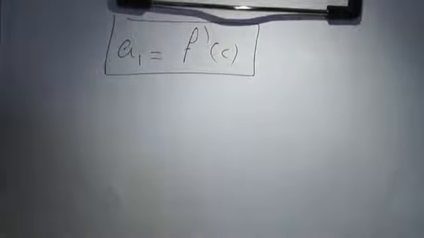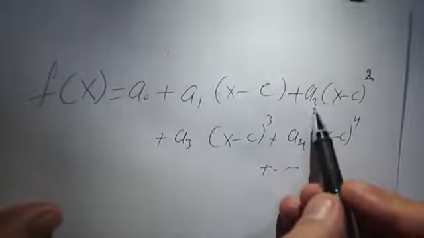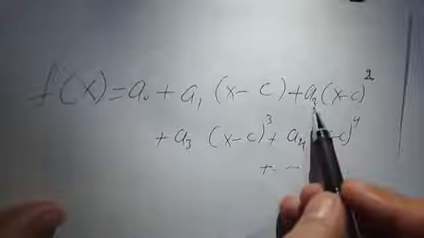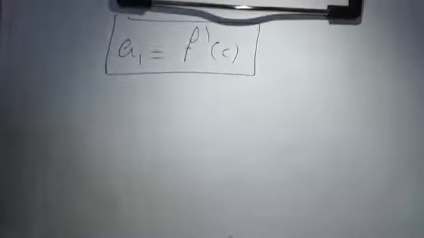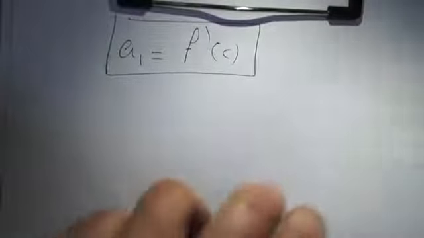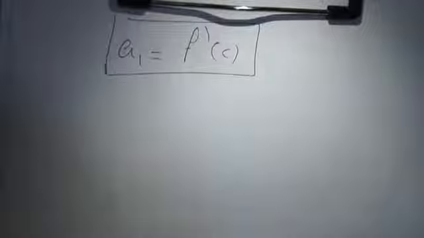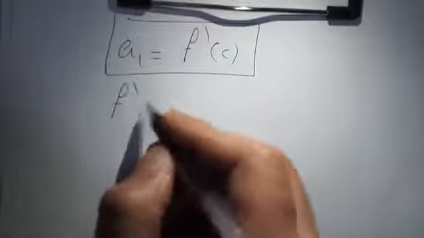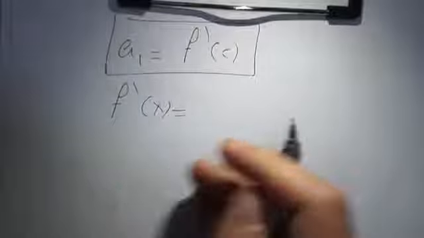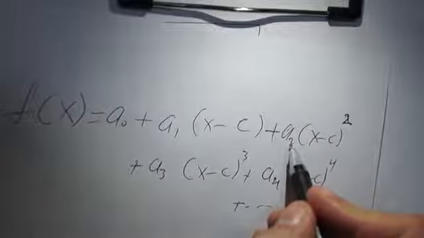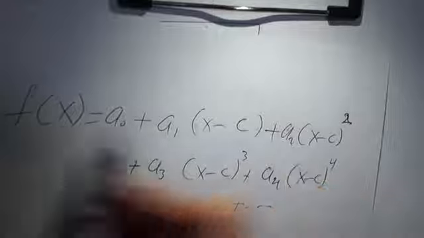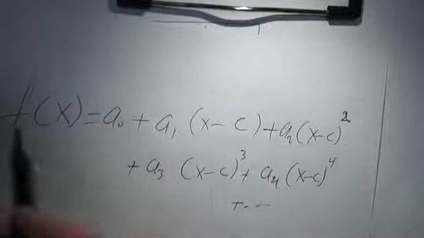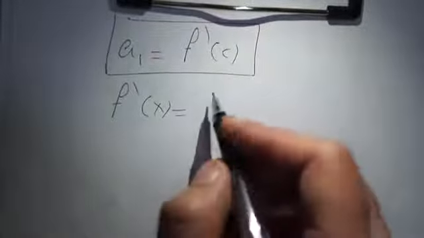كيف ممكن أن نجد a2؟ So we need to find the second derivative. So take the first derivative of f(x). لإيجاد الcoefficient 2 we need to take two derivatives of this function.